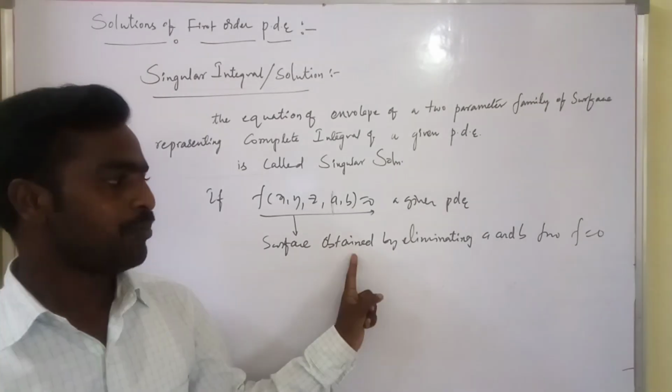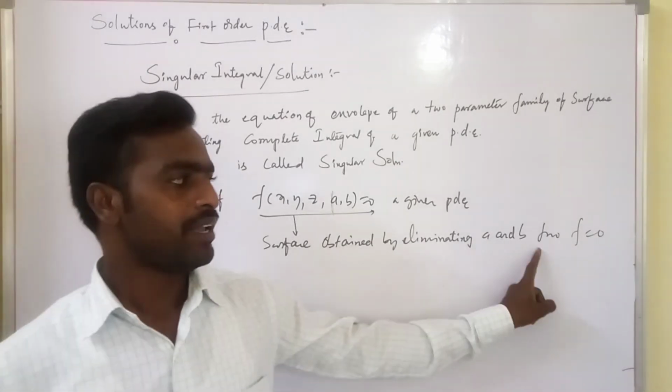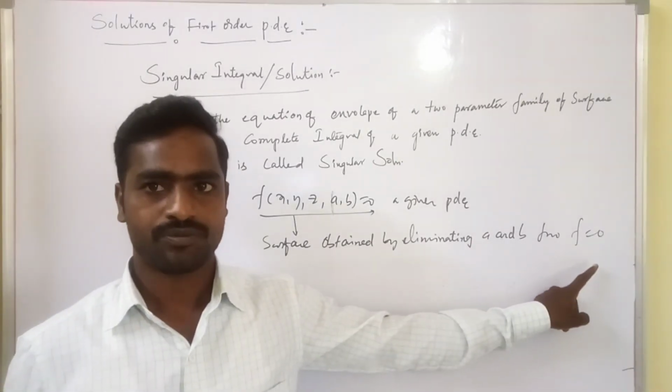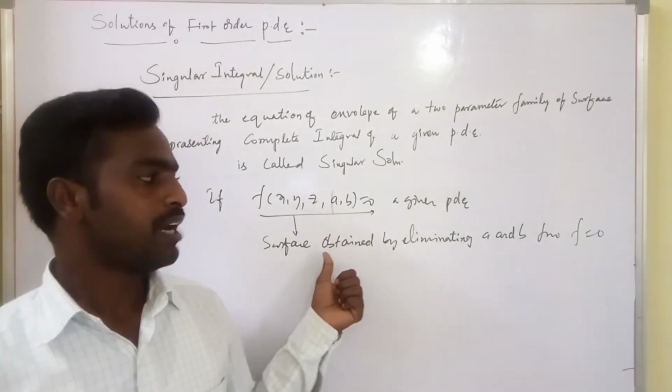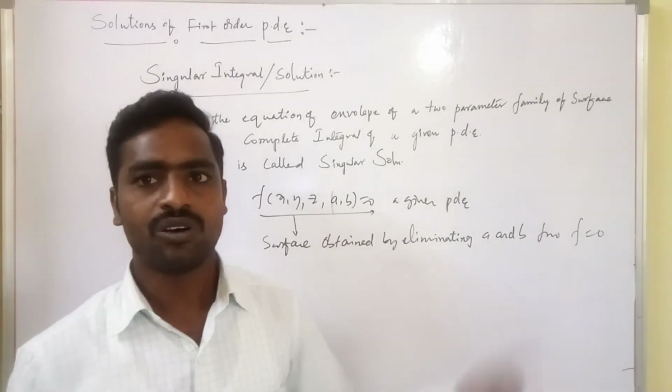The surface is obtained by eliminating a and b from f = 0, the complete integral of the given PDE.